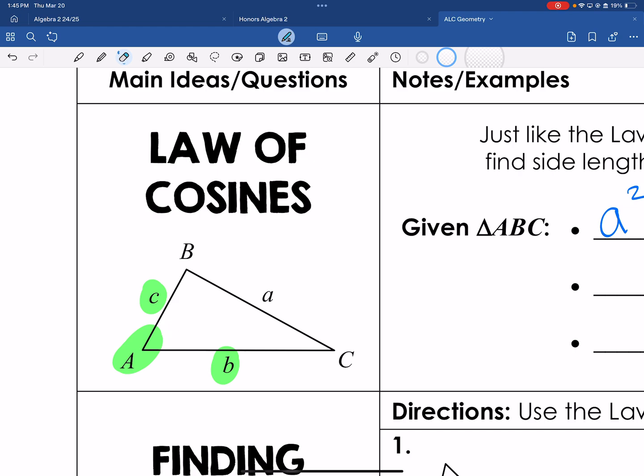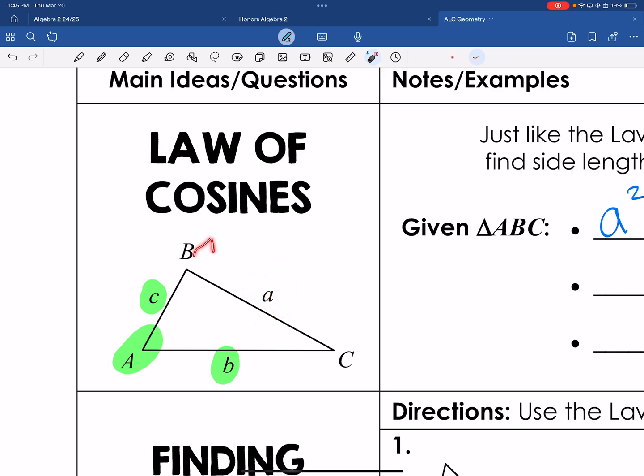Because in order to use the law of cosines today, you have to know a side, an angle, and a side. Those three things are a must. And again, what we're going to work on today is how to go about finding this opposite side.